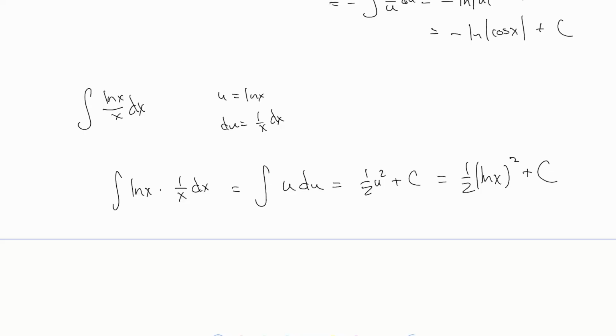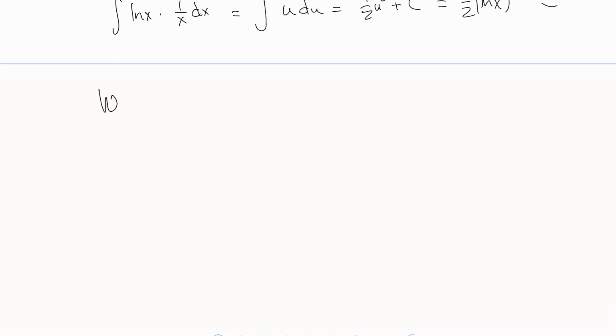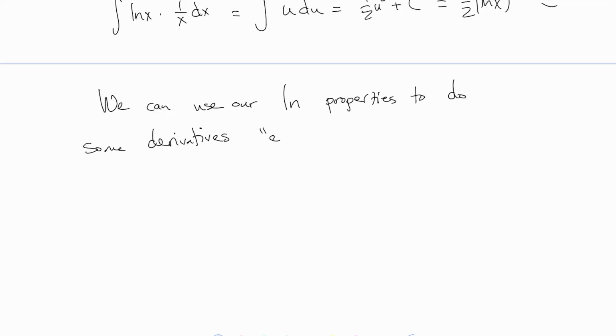All right, we got some time left. Let's try one last thing to say about the natural log, and then we're going to talk about e in more detail. One last thing to say about the natural log: we can use our ln properties to do some derivatives "easily," in quotes.